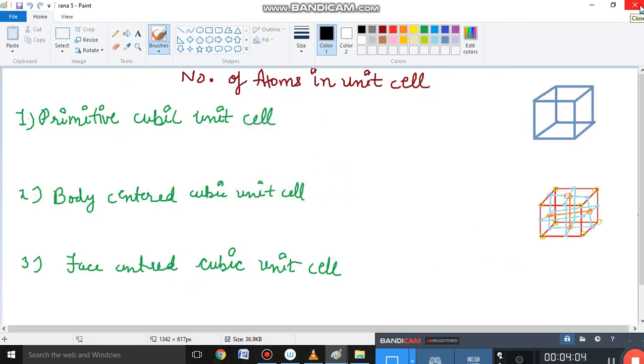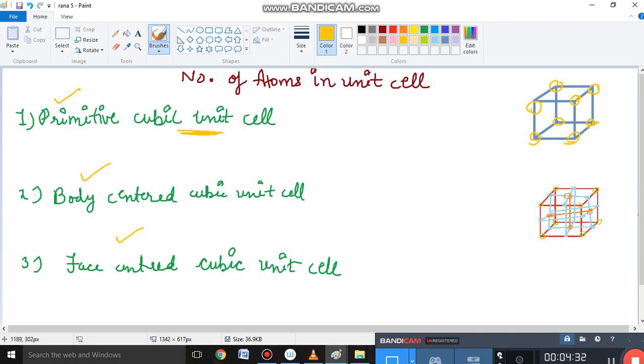Now in this slide we will discuss the number of atoms in unit cells. There are three different types of unit cell. First is primitive, second is body centered, third is face centered. In the primitive unit cell, the particles are present at the corners of the unit cell.